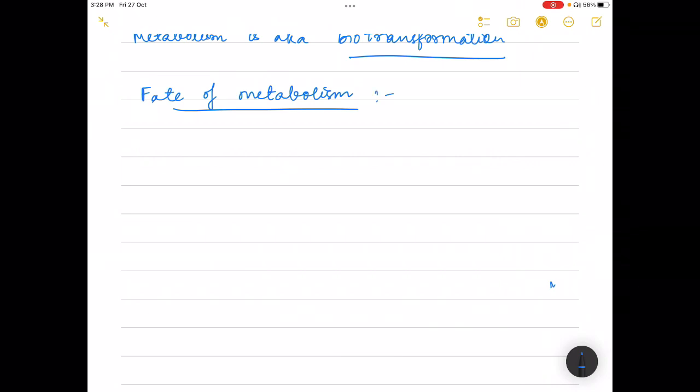There can be four cases. So the first case, which is usually the most common, is that the active drug is converted into the inactive metabolite.